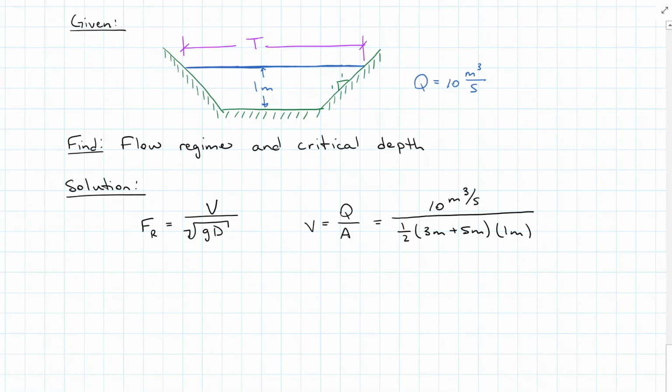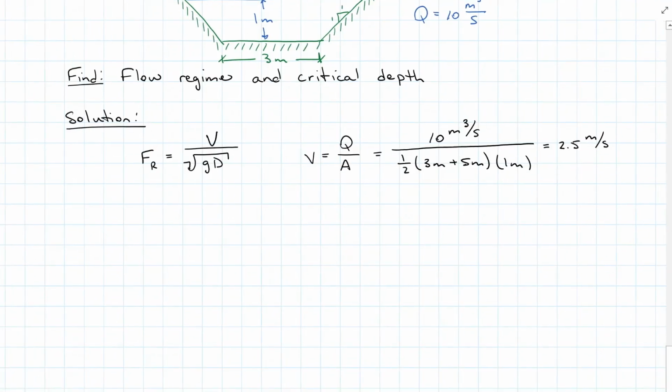And you're probably wondering where I got that value from, because I didn't give you the width of the bottom of the channel, which is 3 meters. And if I have a rise over run of 1, that means it goes out 1 meter on either side. That's where the 5 meters comes from. So that gives us a velocity of 2.5 meters per second.